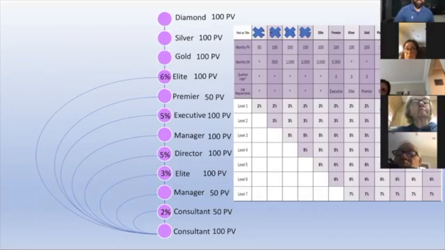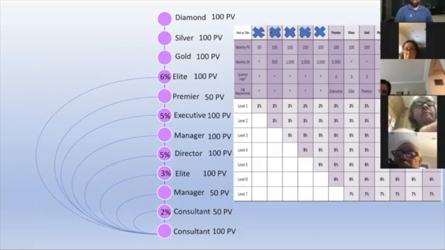So that elite will be paid 6%. And that column is taken care of. So now so far we've paid out 1, 2, 3, 4, 5 levels. It pays out to 7 levels. So we have 2 more levels left to pay out.